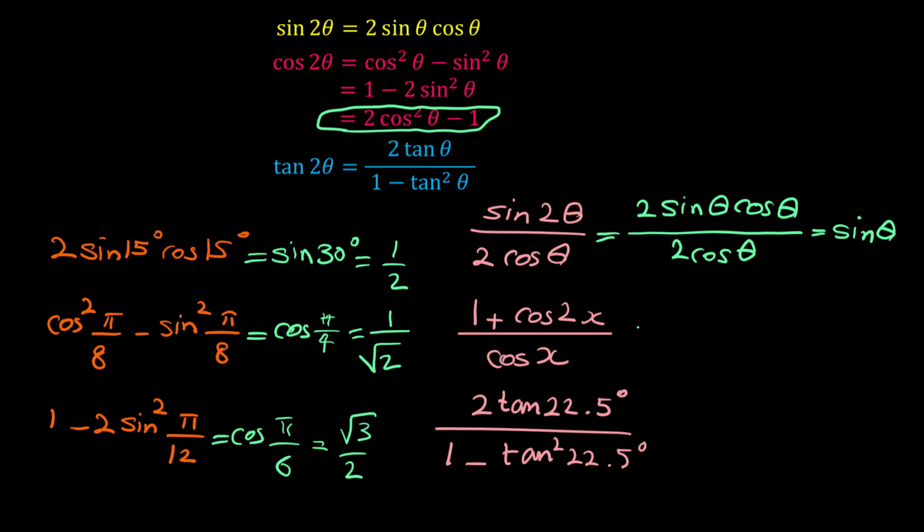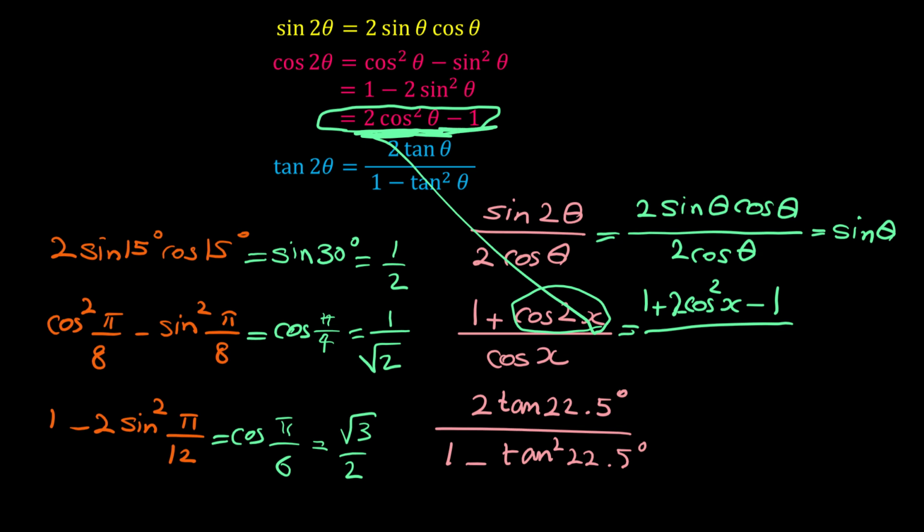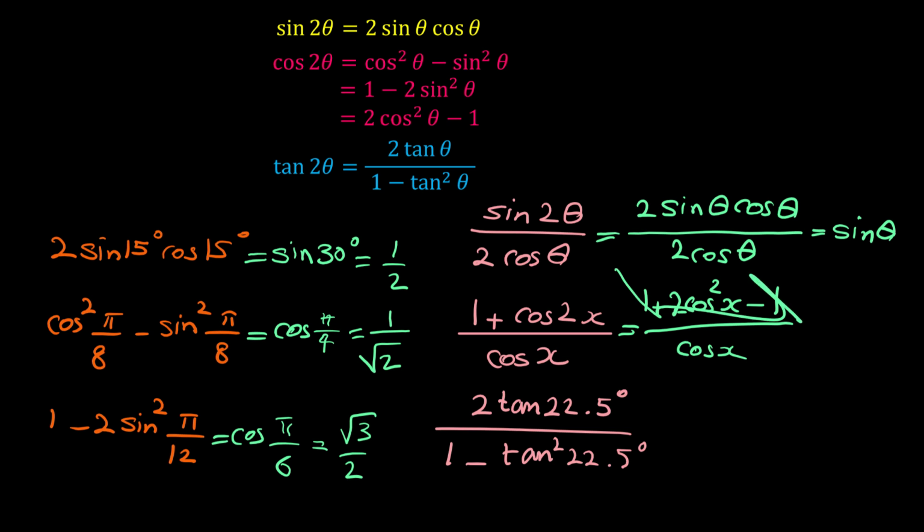So this equals 1 plus 2 cosine squared x minus 1. So we substitute cosine of 2x with 2 cosine squared x minus 1. Now, all of this over cosine x. The 1 with the minus 1 cancels. What do we have after?